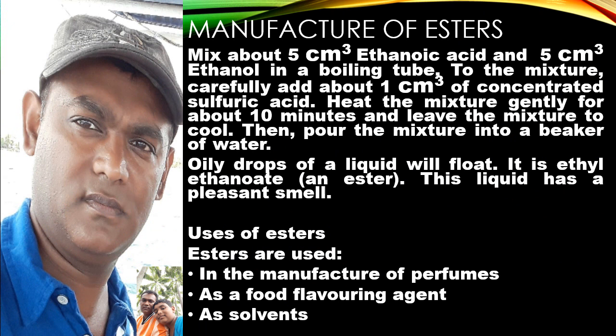From carboxylic acid, esters can be manufactured. How to manufacture esters? Mix about 5 cm cube of ethanoic acid with 5 cm cube of ethanol in a boiling tube. To the mixture, carefully add about 1 cm cube of concentrated sulfuric acid. Then heat the mixture gently for about 10 minutes and leave the mixture to cool.